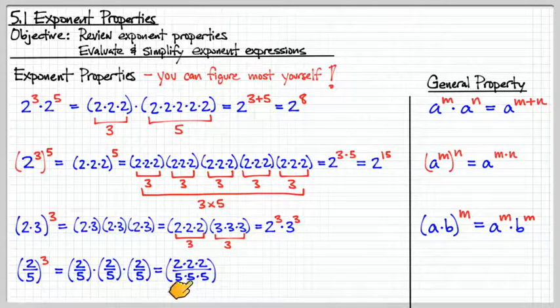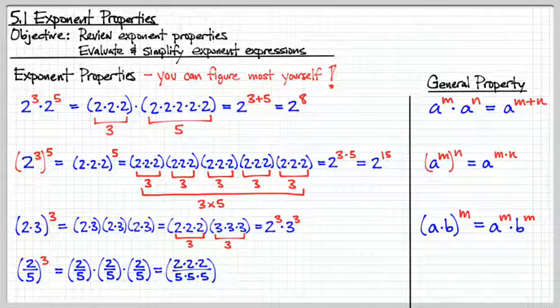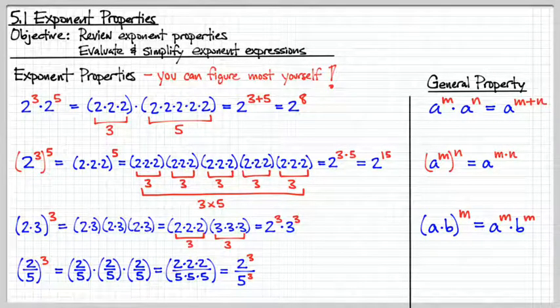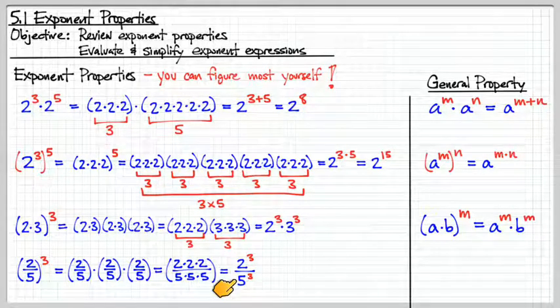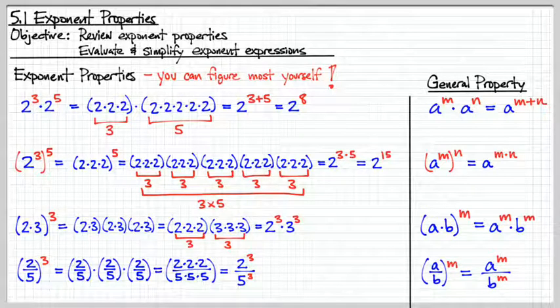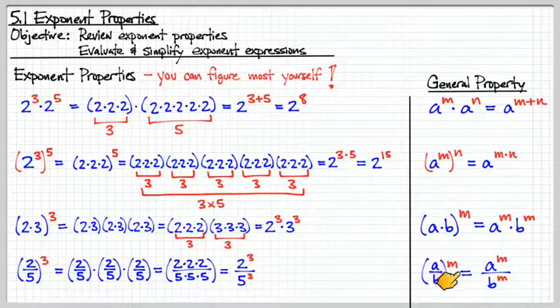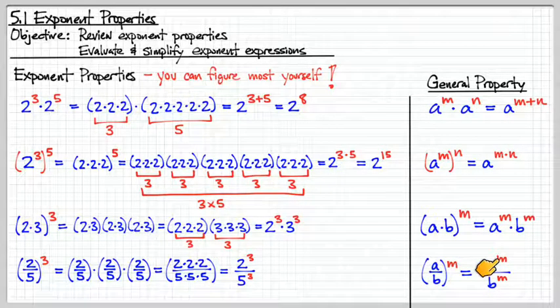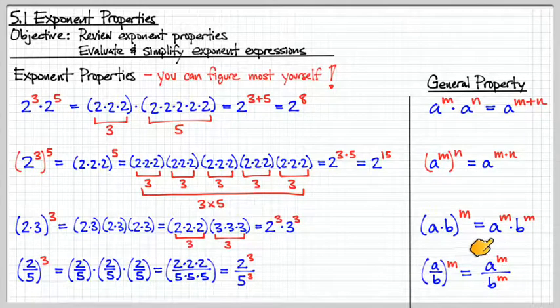We can regroup this as well, 2 times 2 times 2 over 5 times 5 times 5, and we get 2 to the 3rd divided by 5 to the 3rd. And now we can write this as a general property. When I have a divided by b raised to the m power, I can rewrite this as a to the m divided by b to the m. And of course we can go both directions. If I have something in this form, I can convert it into this form, and vice versa.